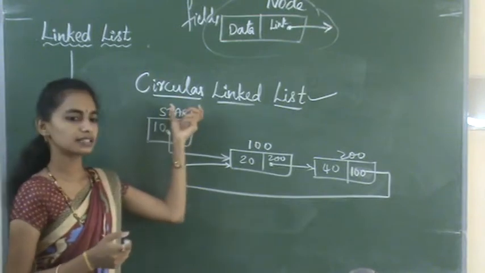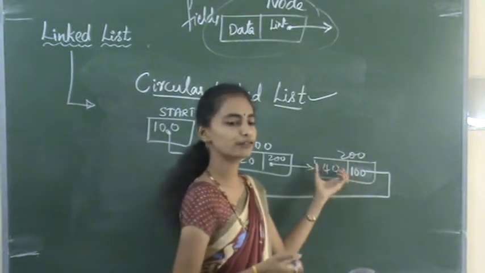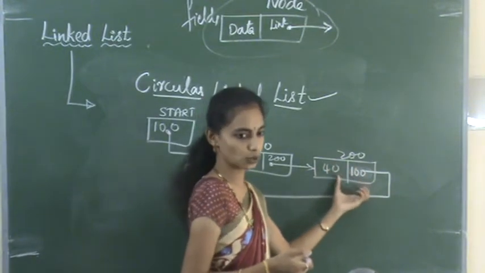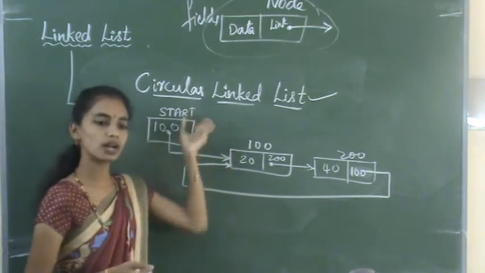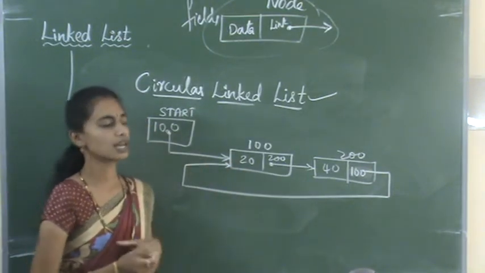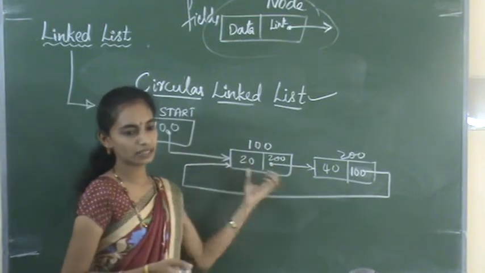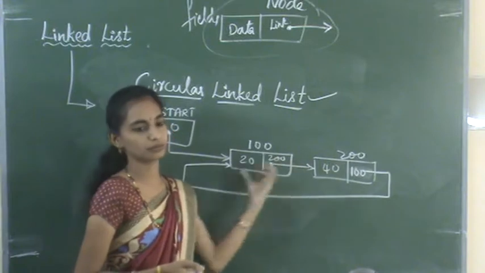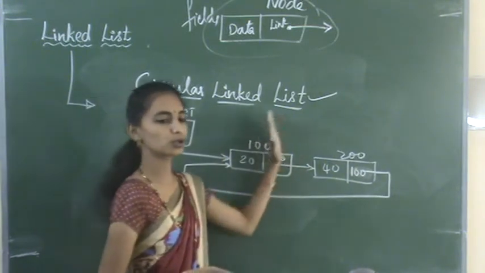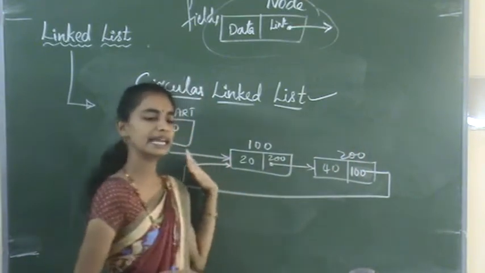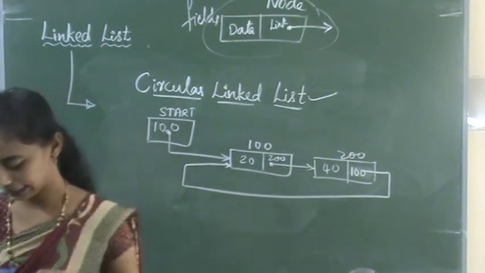In this circular linked list, we can travel to any of the nodes by passing through other nodes. So we can travel from one node to another node in the linked list. So this is about circular linked list.